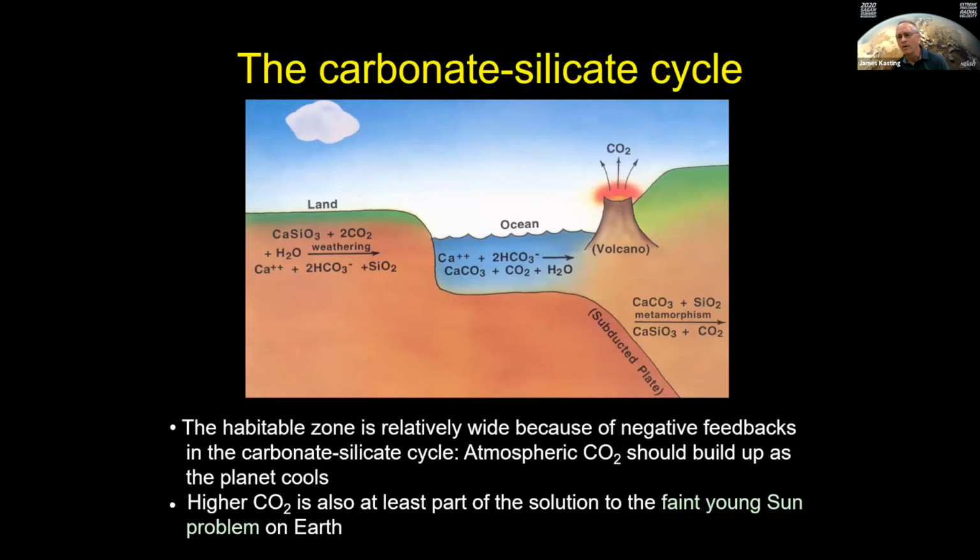So what would happen if the climate was to freeze over? The ocean would freeze, the hydrologic cycle would slow down dramatically, and silicate weathering would slow down or stop entirely. So the loss process for CO2 would stop, but volcanism would continue. There are other types of volcanism too. This is arc volcanism here, but there's hotspot volcanism like you see in Hawaii, and volcanism at the mid-ocean ridges.